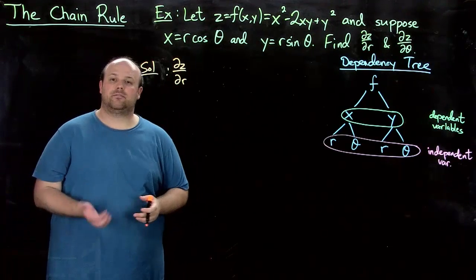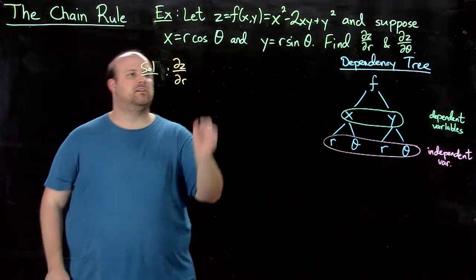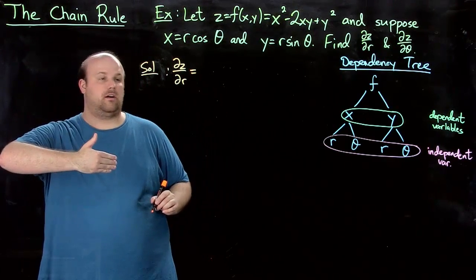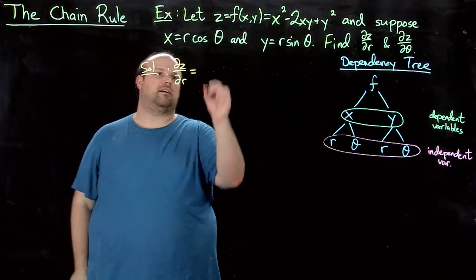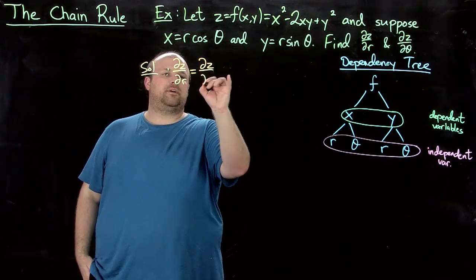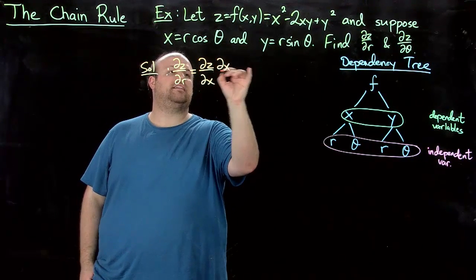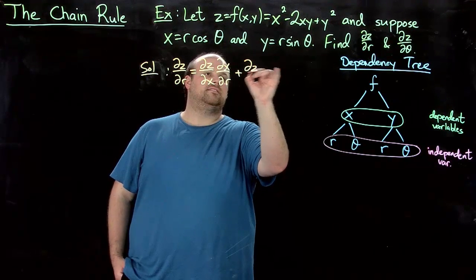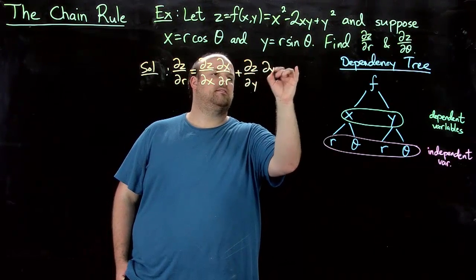All right, so dz dr. Remember, we had to go through all the variables of Z and get to R. So Z depends on X, and then we can do dx dr, and then plus dz dy, dy dr.